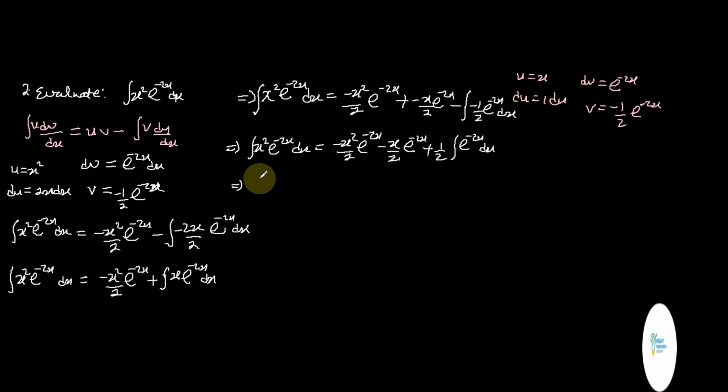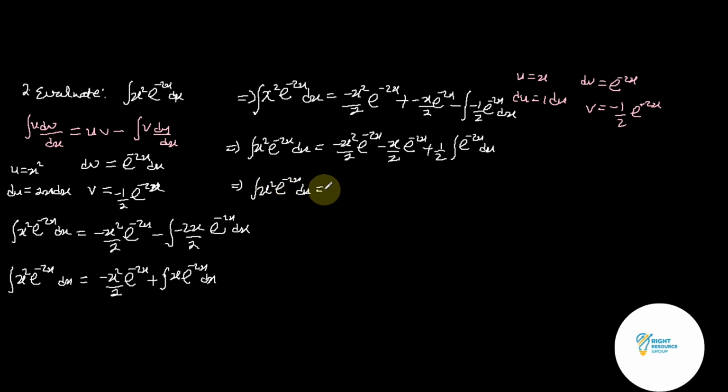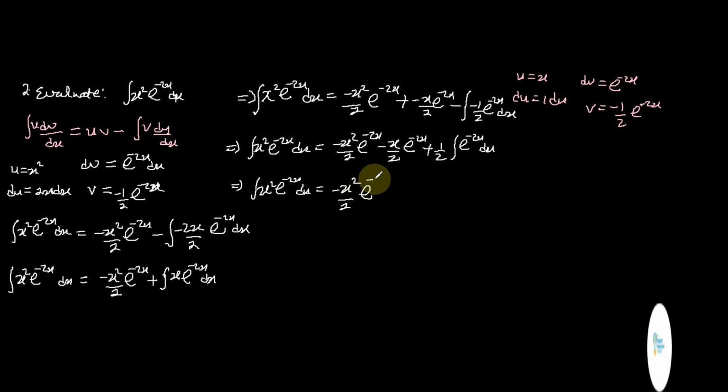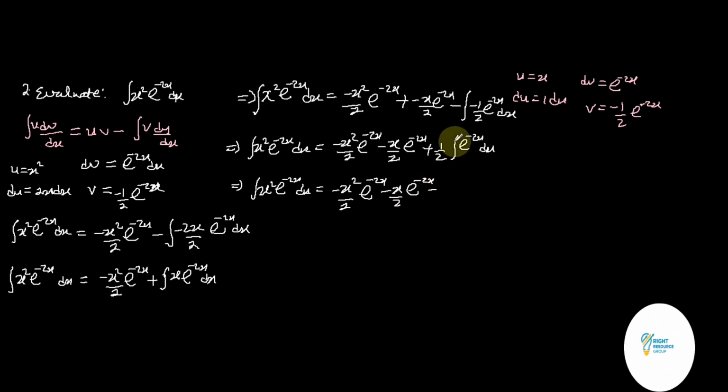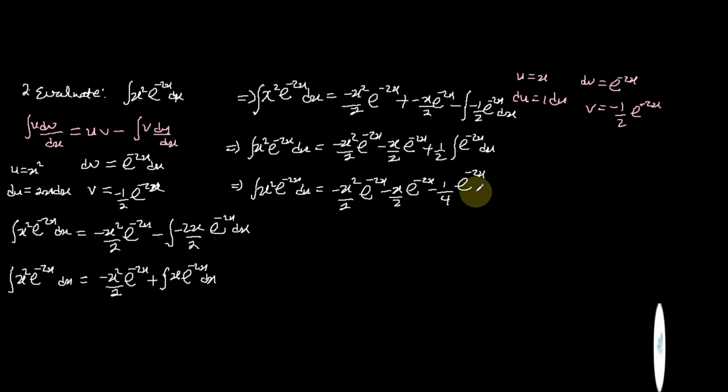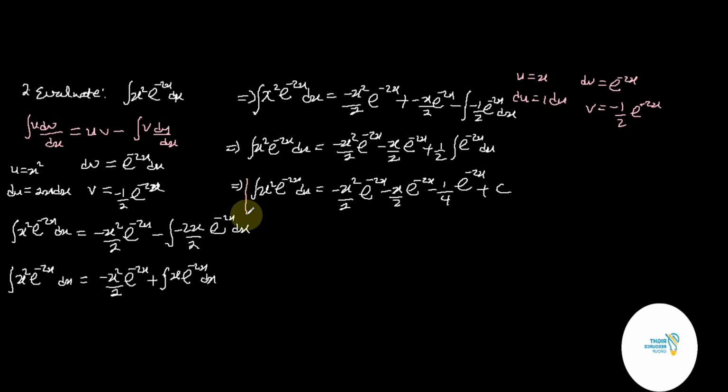So here we are going to have the integral of x squared e^(-2x) dx to be equal to minus x squared over 2 e^(-2x) minus x over 2 e^(-2x) minus, now if we integrate this, we are going to have minus 1 over 2 multiplied by 1 over 2, we have minus 1 over 4 e^(-2x) plus a constant c. And this is our integration.